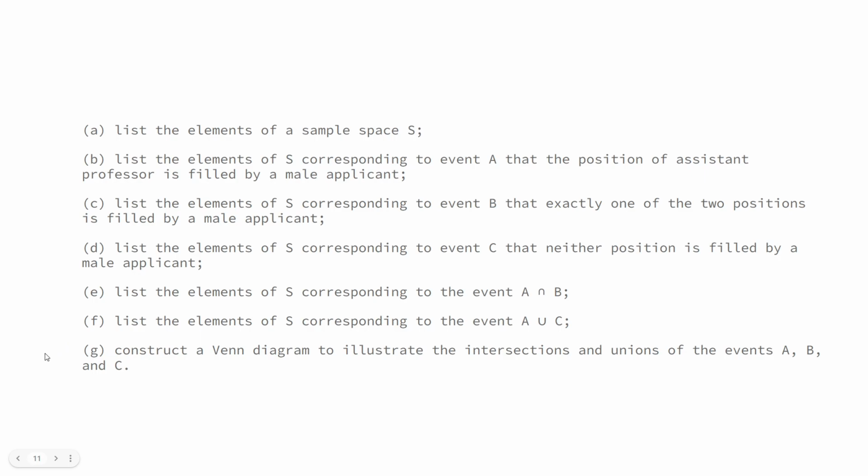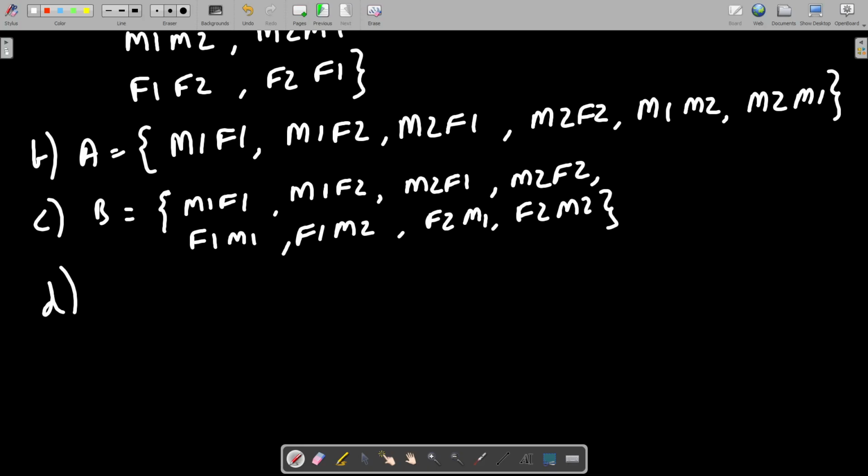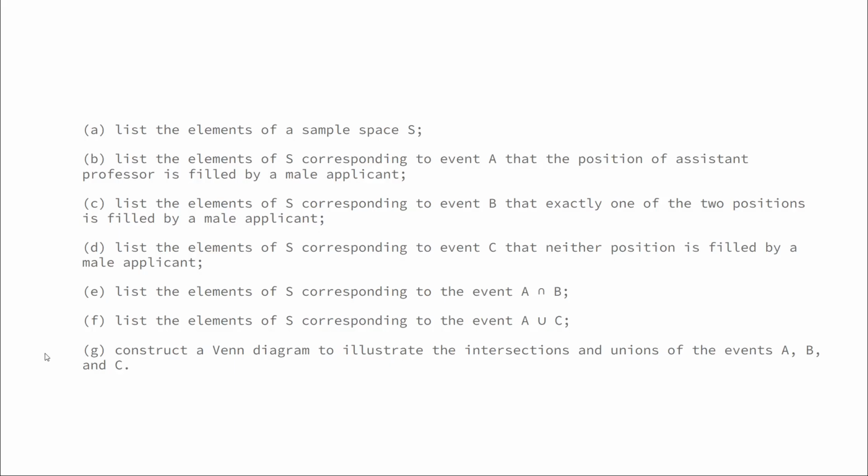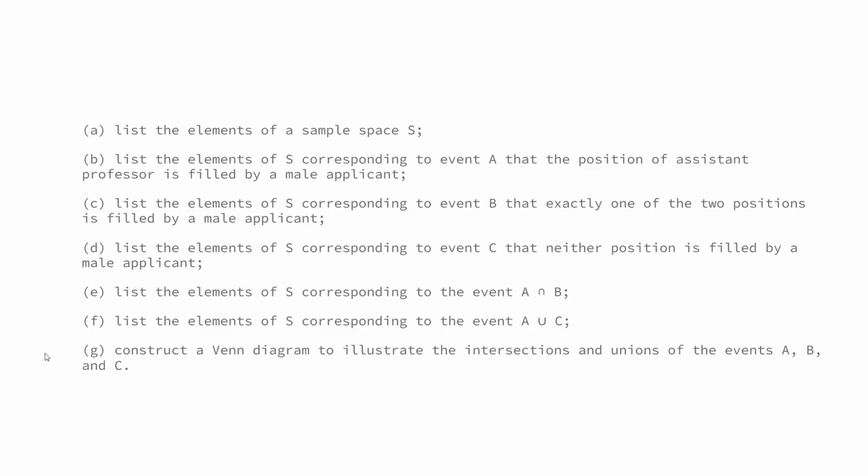Okay, that was C. Let's go to D now. Oh, wait, what did I write here? Oh, correct. Okay, option D now.